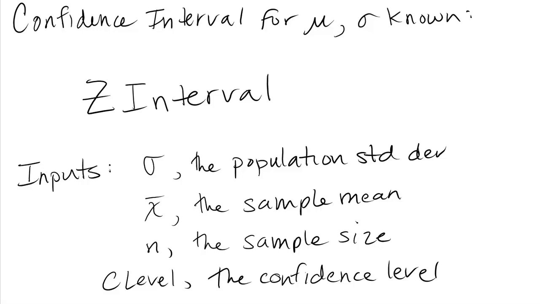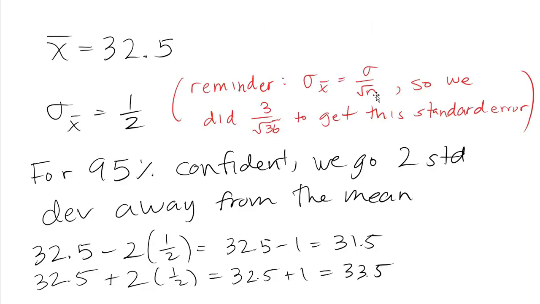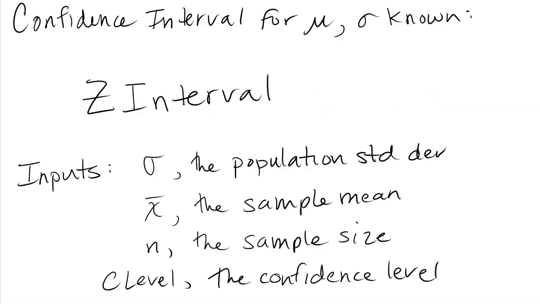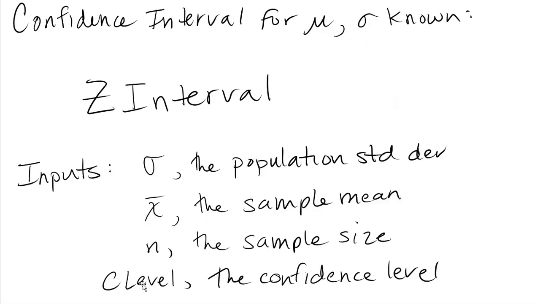Now the calculator still has to do the mathematical steps that we outlined in the previous slides. So the calculator is going to need to know x bar, and it's going to need to know the pieces of the standard error, which we said are sigma and n. So the calculator will ask us for sigma, x bar, and n, and then it also needs to know the appropriate number of standard errors to jump from the sample mean, and so we have to tell the calculator the confidence level, and it'll prompt us for that too.